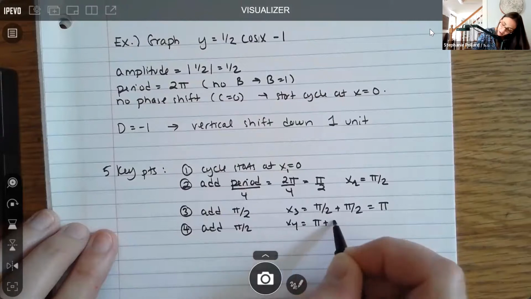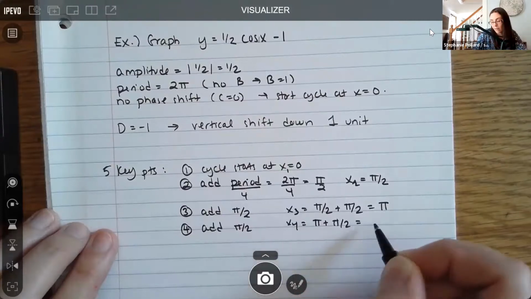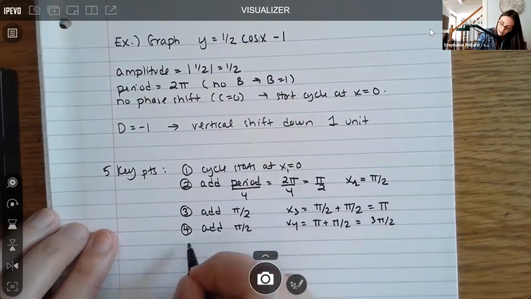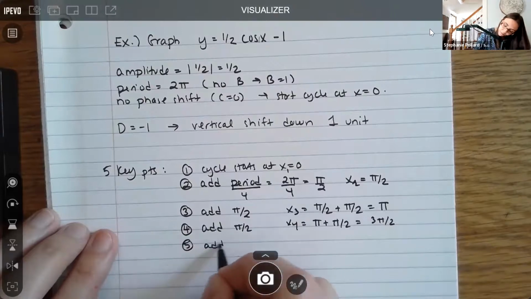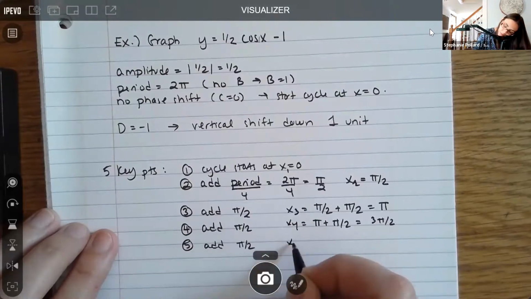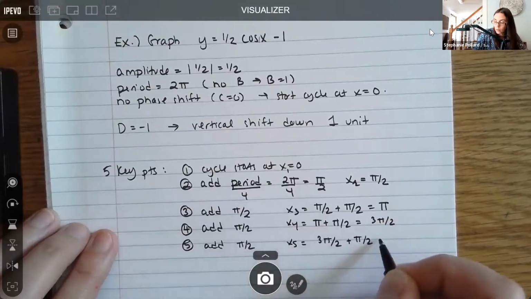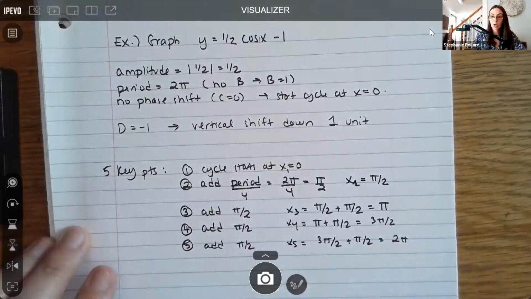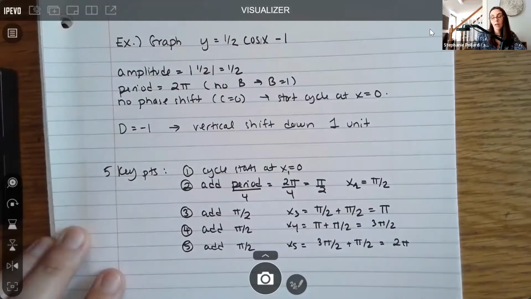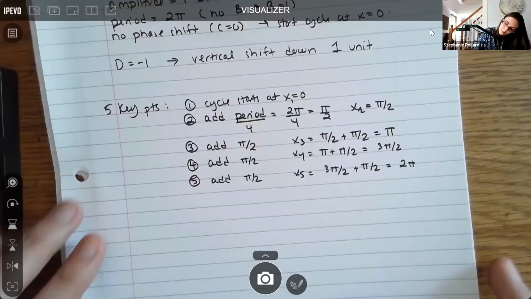Pi plus pi over 2, again using common denominators here, you'd have 3 pi over 2. And then finally, 3 pi over 2 plus pi over 2 is going to give you 4 pi over 2, which is 2 pi. So we actually have the same spacing as the original cosine function for the period and for those key points.